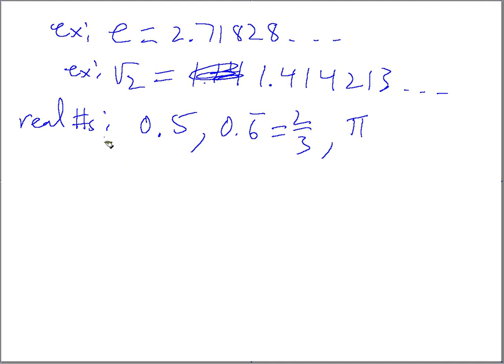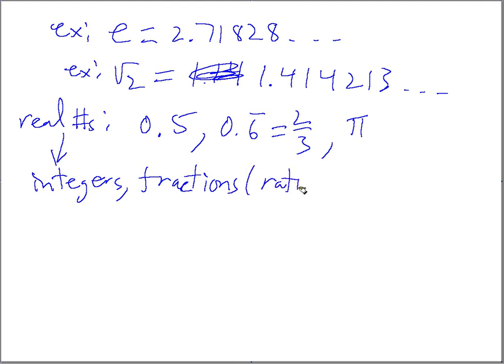Now, integers I consider as decimals as well, because for any integer you give me, I can write it as a decimal. So real numbers consist of integers and fractions, certainly, as you saw already. Fractions are called rational numbers, by the way.